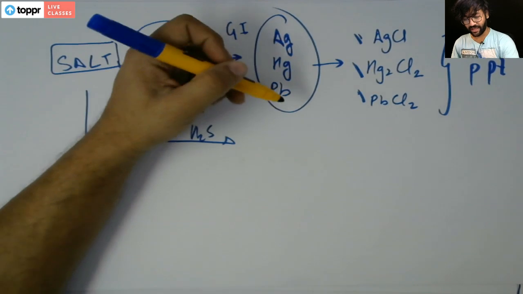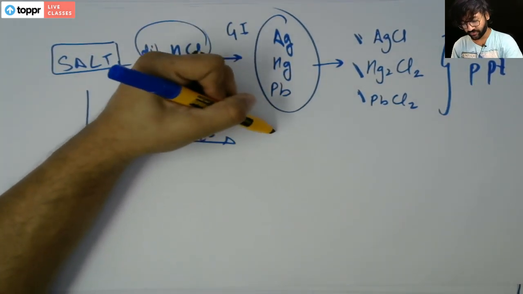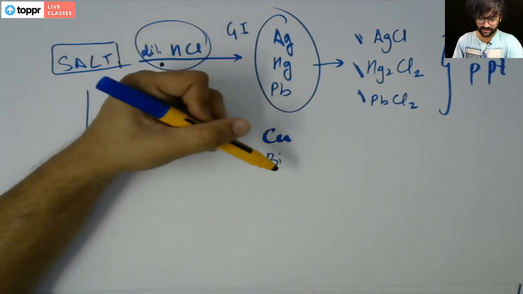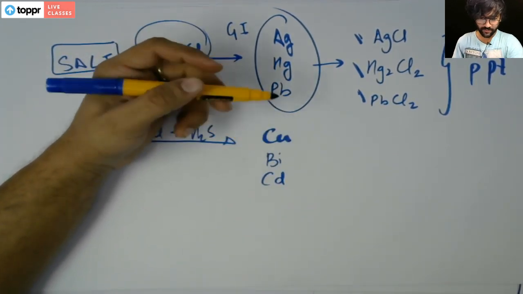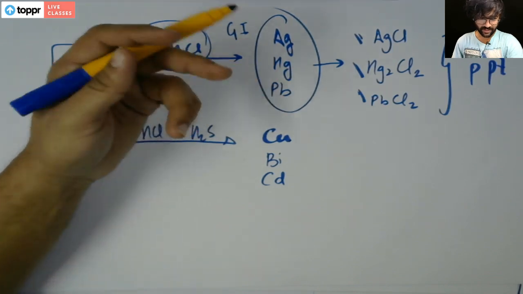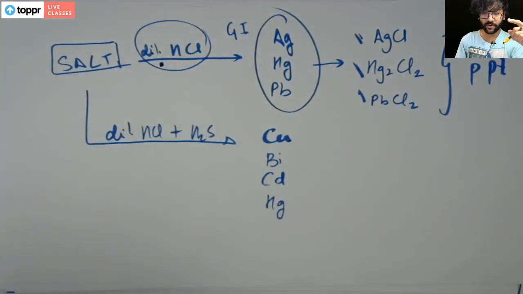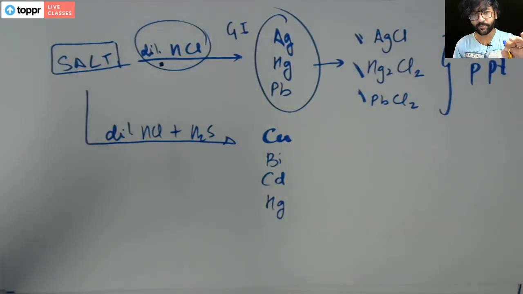Like we have the precipitates occurring for group 2 with this, like copper, bismuth, and cadmium. Mercury can also occur here, but mercury in the other form, that is mercury in its +2 state, the mercuric form, not mercurous.